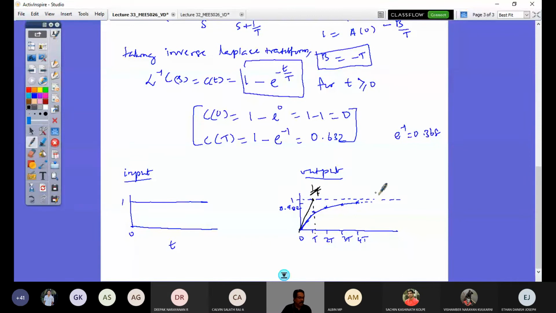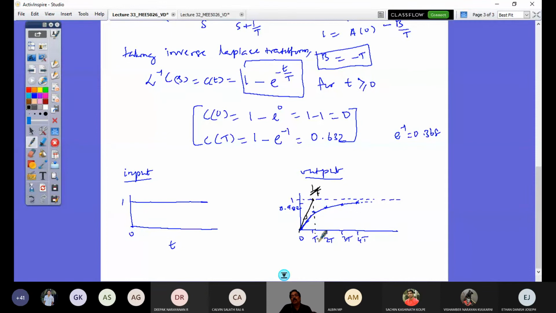So the output would reach its final value at t equals T if it maintained its initial speed of response. That means the slope should not change. This is my slope, and if it were maintained in the system, at t equals T itself it would reach this point.